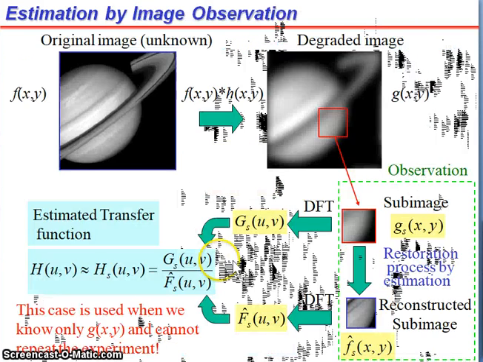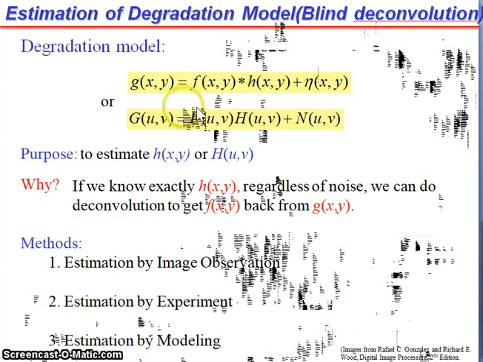Based on this G of u comma v, that is actually fed to the restoration filter.